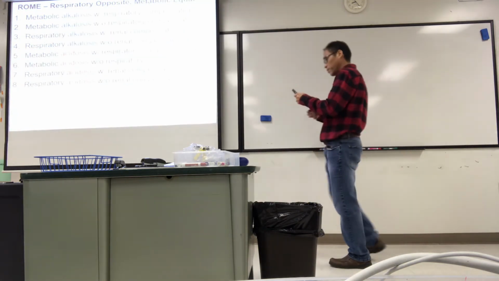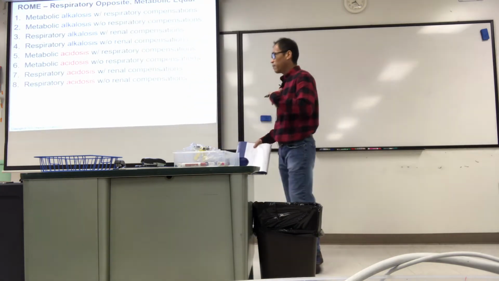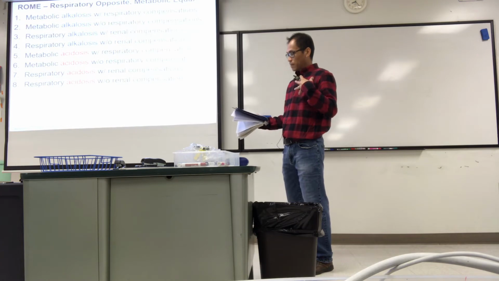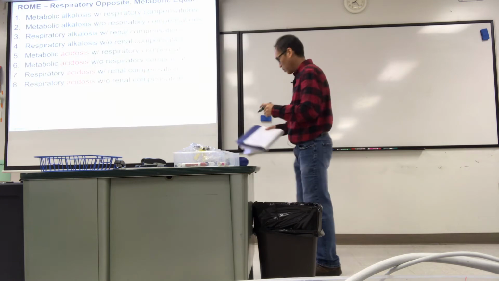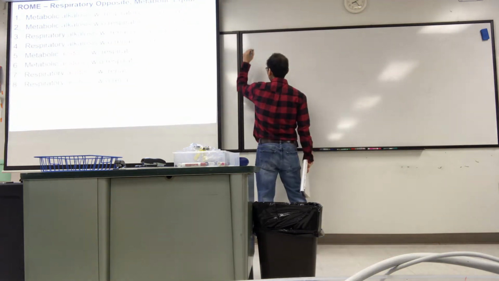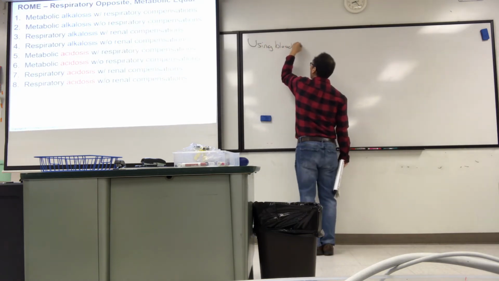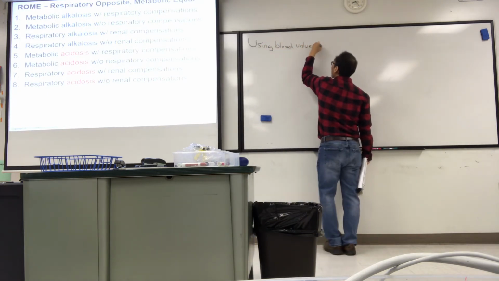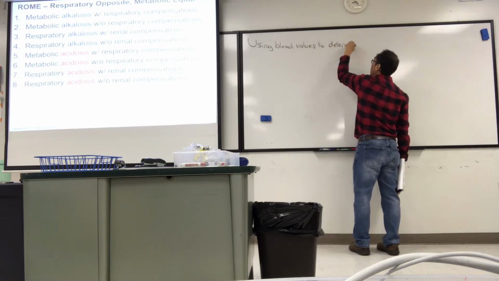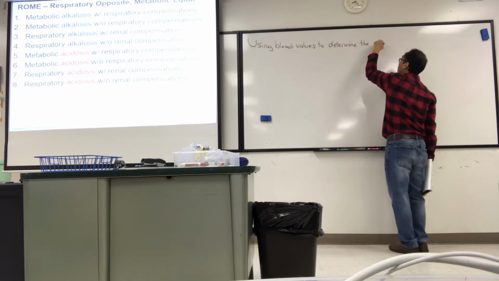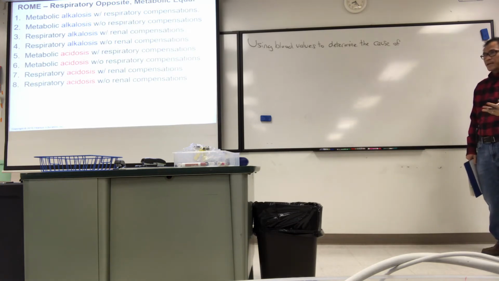All right, so for example, to go back to the respiratory, if you have a problem with the lungs and the respiratory system is a cause of an acid-base imbalance, here's what you should look for. First of all, understand what we're doing is we're using blood values to determine the cause of an acid-base imbalance.